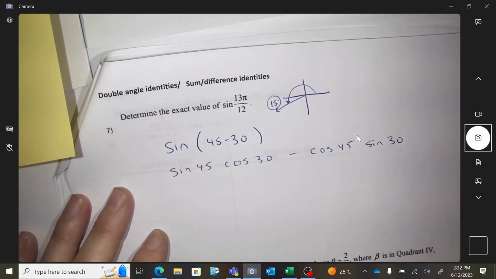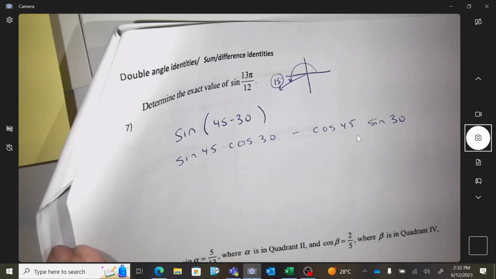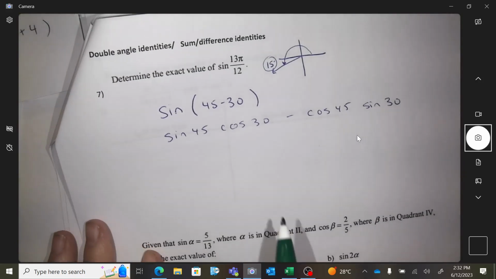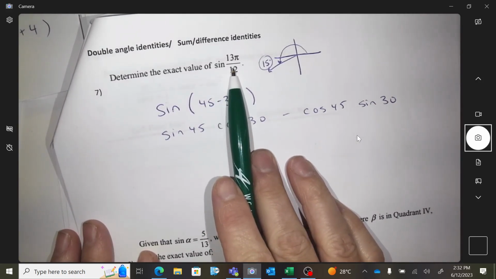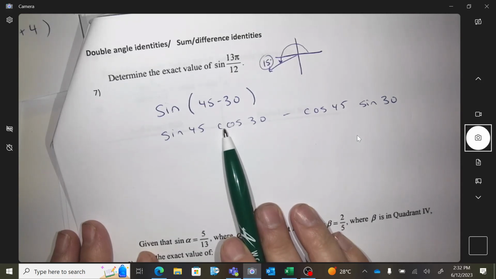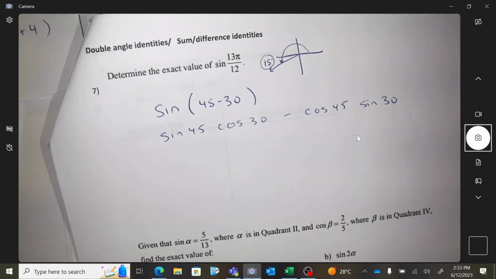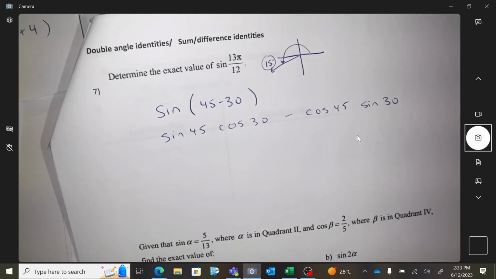How do you know if it's sine or cos or tan? The sine of the angle tells me to use the sine formula.